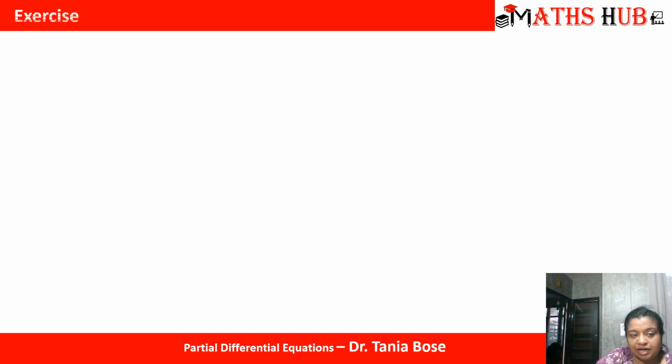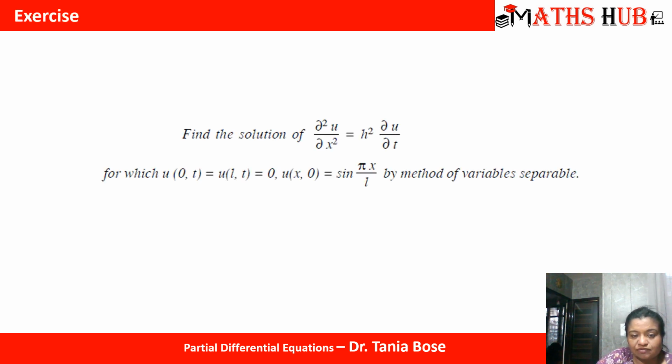Okay. So let's look at this quick exercise. You have to find the solution of del square u by del x square equal to h square del u by del t, for which u(0,t) and u(L,t) are 0, u(x,0) is sine pi x by L, by the method of separation of variables, right?